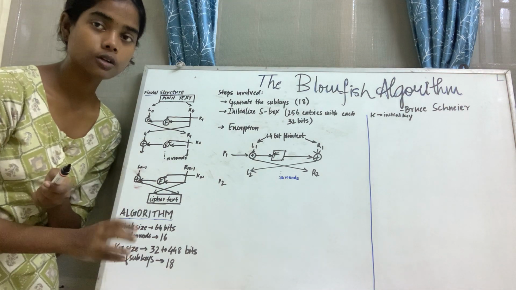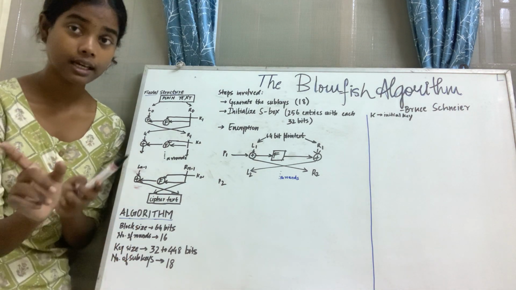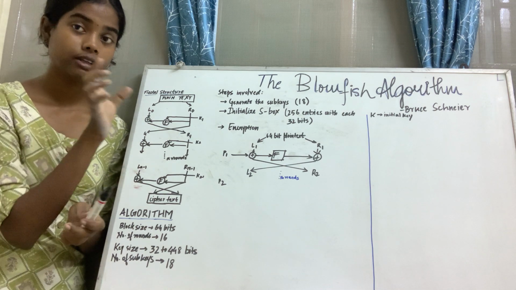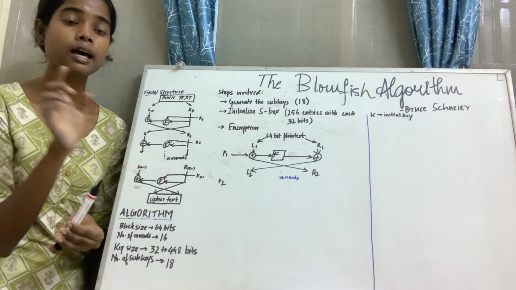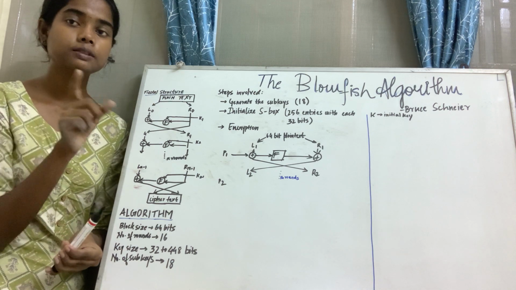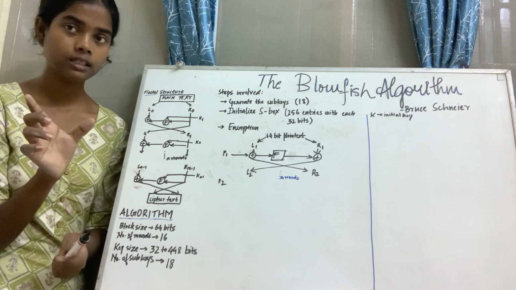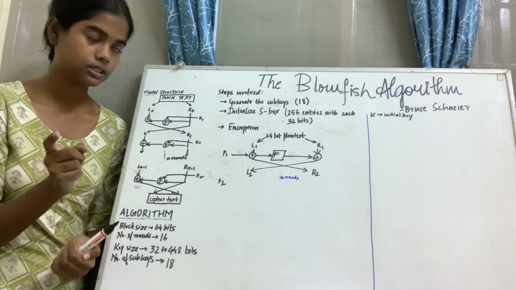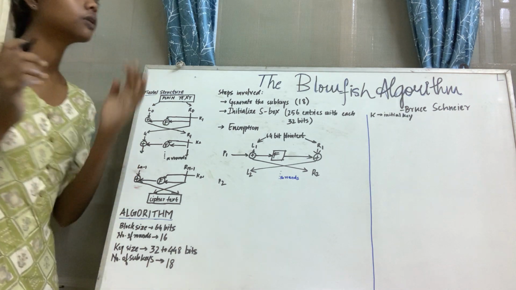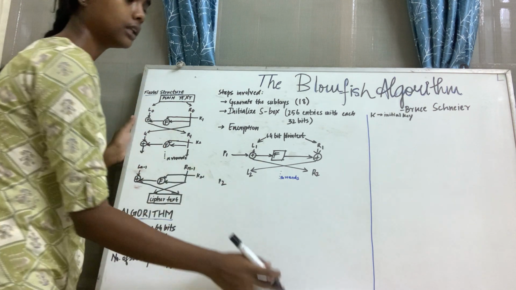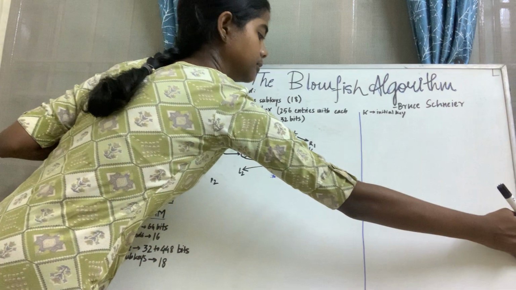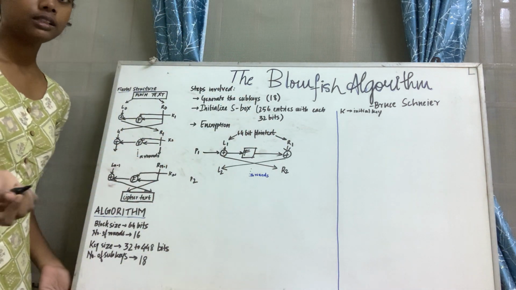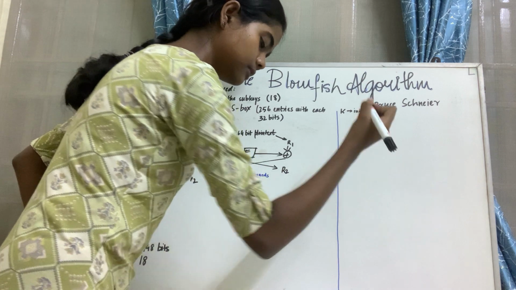These subkeys are called the P array because we will be having the 18 subkeys in an array named P. This array P will be of size 18, and each of the locations will be of size 32 bits. Now, how exactly do we generate the subkey? So first we have key K.